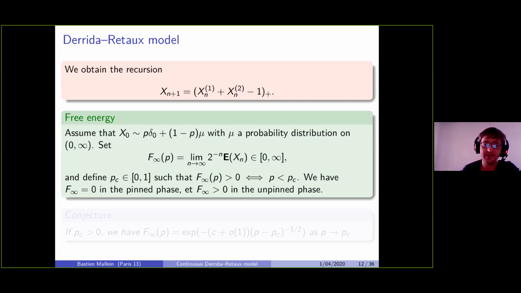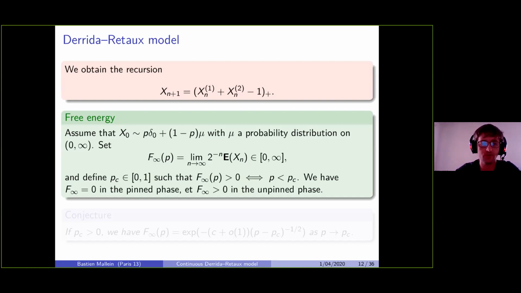This function has to be decreasing, right? Because you put less and less mass at the initial time. So it means that you have a parameter pc at which you're positive if p is smaller than pc, and you're equal to 0 if p is larger than pc.